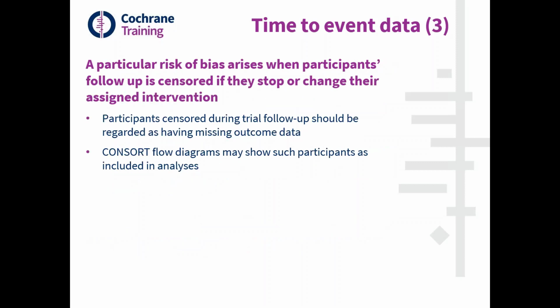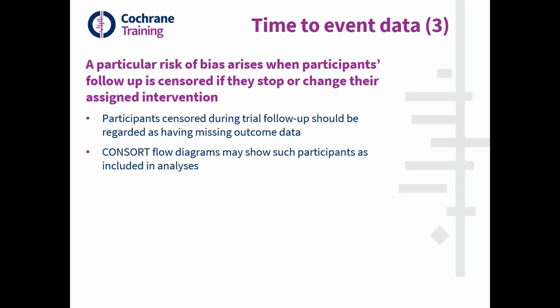Now, right at the beginning, somebody talked about missing outcome data because of a protocol deviation. And this is an issue that we've come across when we've been working on systematic reviews that assess the risk of bias due to missing outcome data using time to event analysis.